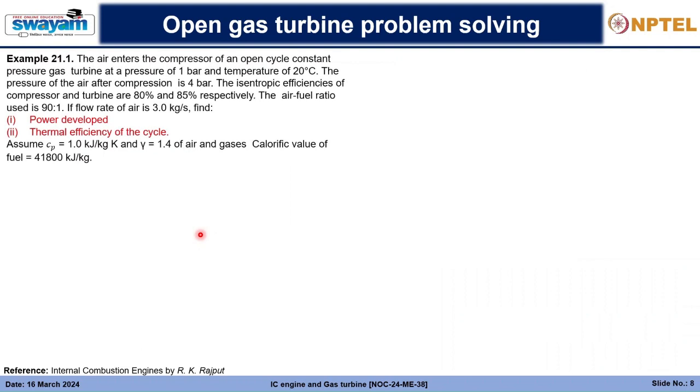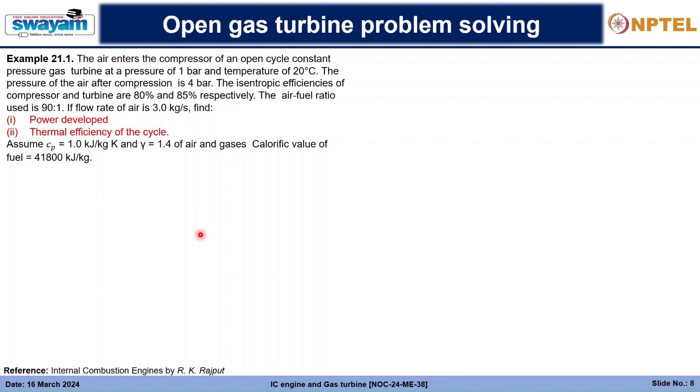Next, we will solve a few problems related to open gas turbines, and all of these problems will have a common strategy that we will see. If we solve the first problem, we'll get to know about the common strategy, and that will help us in solving the rest of the problems.